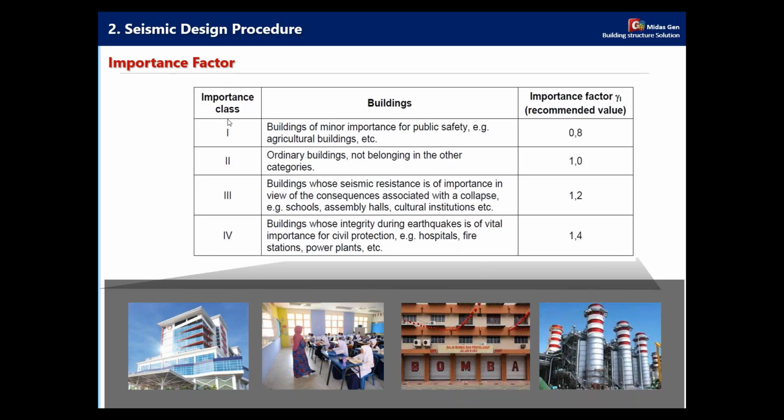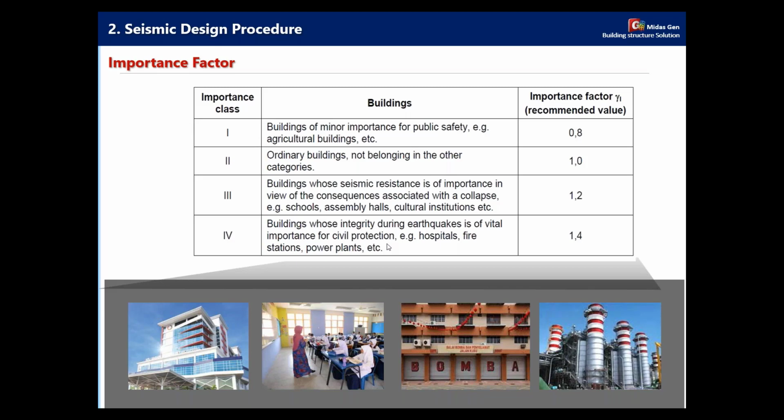From class number 2 to 4, seismic design is required. But if someone wants to build his house according to seismic design, it depends on the contractor. If you want to make a single house earthquake resisting, you can do that. It's not a must for someone to perform seismic design of his own house.